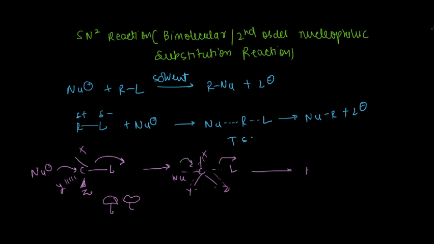So it forms Nu, C, X, Y, and Z, and it forms L minus. So it has been inverted like an umbrella is inverted when the wind is flowing. Similarly, this nucleophile is attacking over here and it is leaving. So now it has left and all the bonds have flipped.